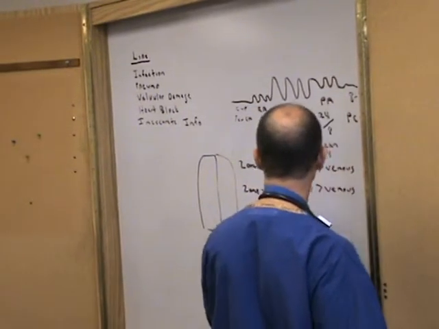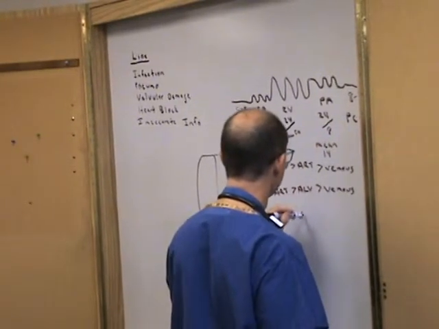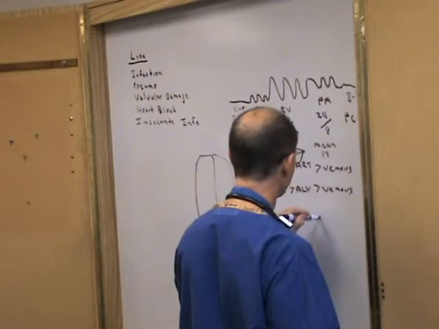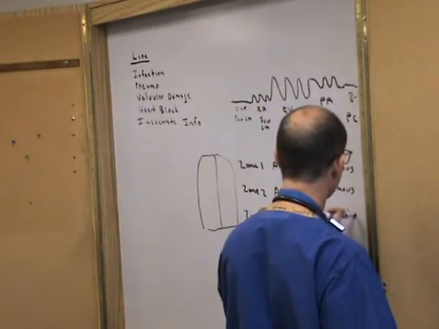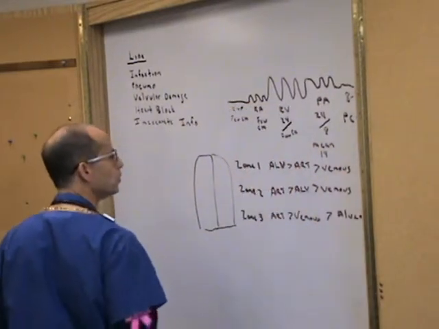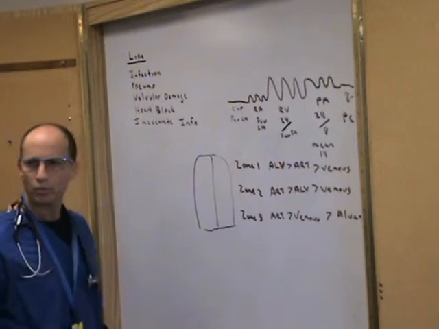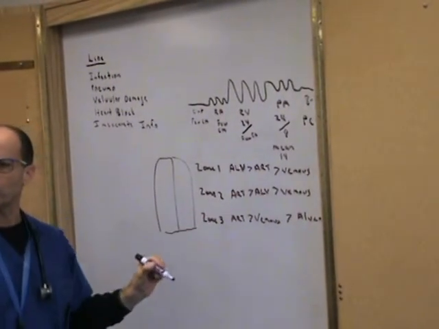And not until you get to zone 3 does it become this relationship. So if your Swan is in the wrong position, then you may be reading an alveolar pressure. If you don't get into zone 3, your pressure readings are erroneous.